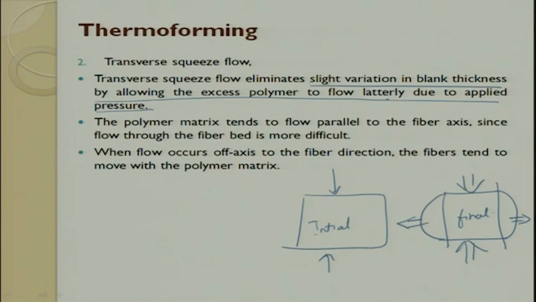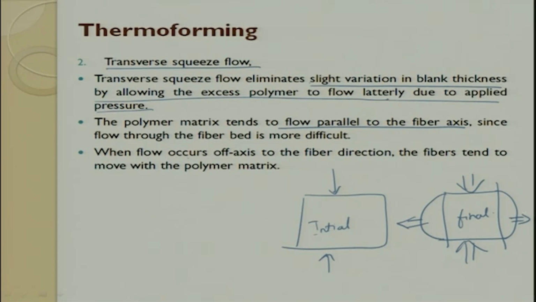So, the transverse squeeze flow eliminates the slight variation in thickness by allowing the excess polymer to flow out, because we do not want resin-rich regions. The polymer matrix tends to flow parallel to the fiber axis, since flow through the fiber bed is more difficult. So, the flow parallel to the fiber axis happens and then it gets done.